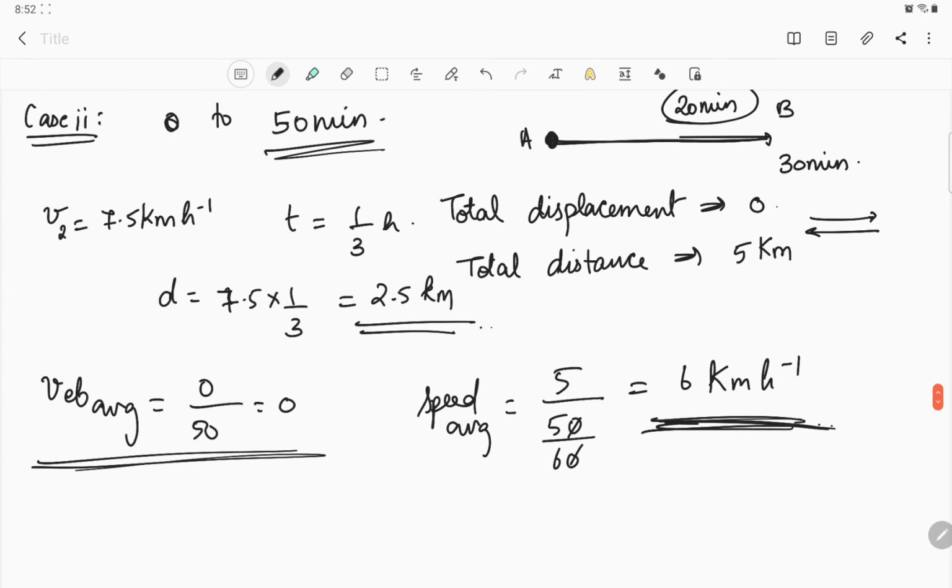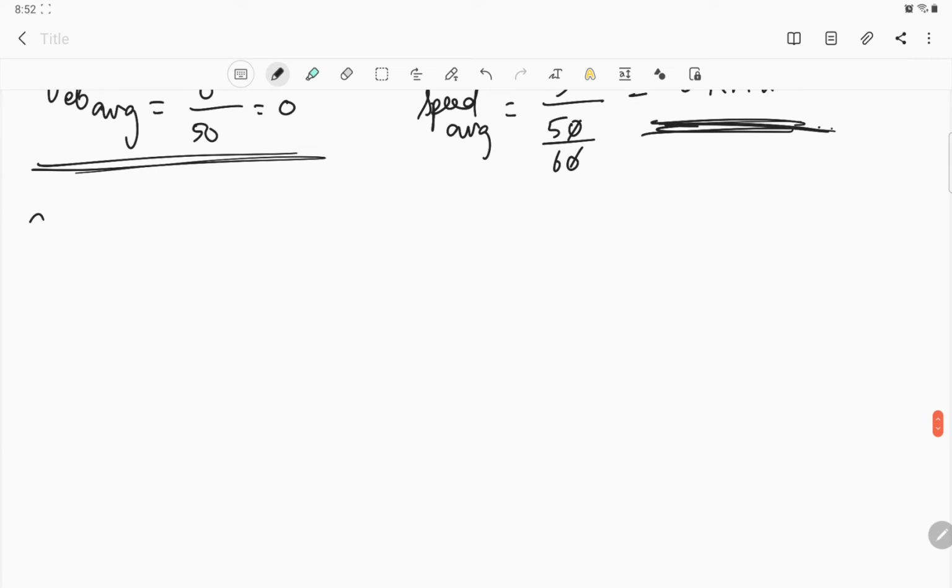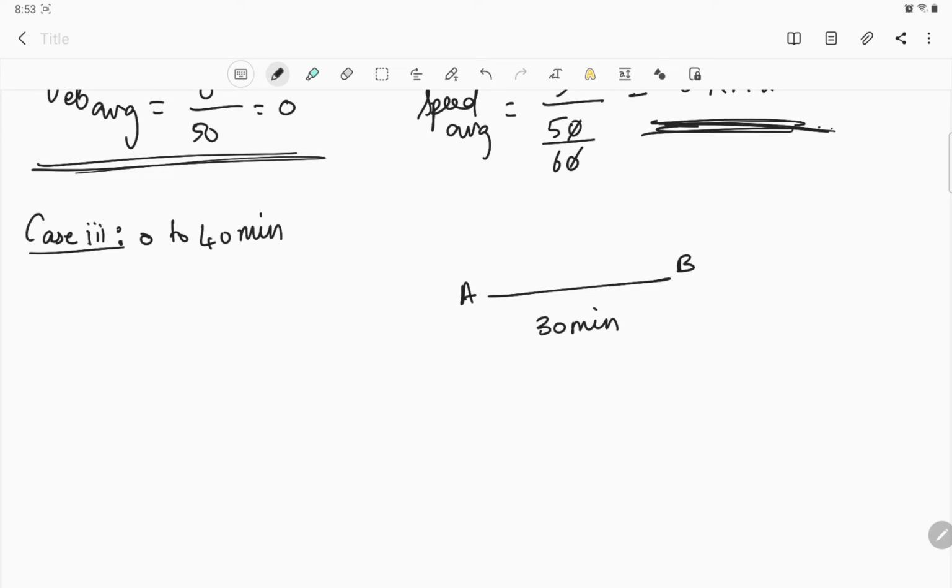Now the next case is what happens when the particle goes, in case number 3, from 0 to 40 minutes. Okay, so we know very well from A to B, he is going to take 30 minutes, and then in an additional 10 minutes, he is going to cover half of the distance. Because we know already that it is going to take 20 minutes to cover the whole, so in 10 minutes it will be covering half of it.